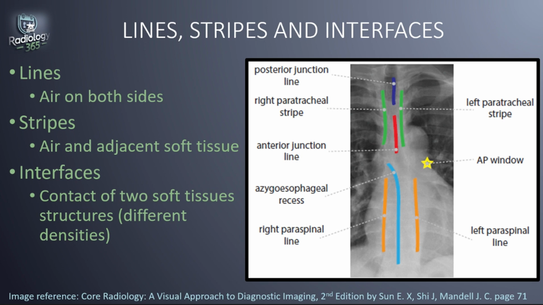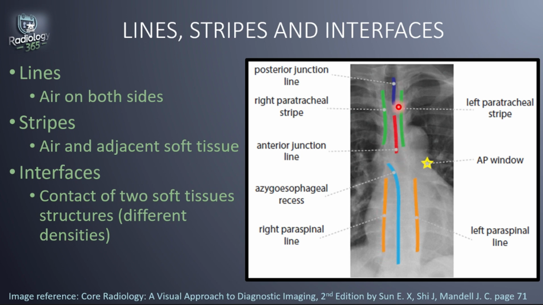Then we have the azygoesophageal recess. That's an interface formed by the contact of the posteromedial right lower lobe and the retrocardiac mediastinum. The azygoesophageal recess extends from the subcarinal region to the diaphragm.